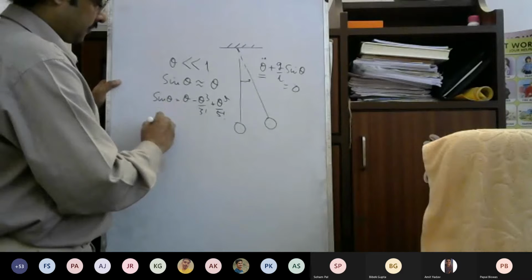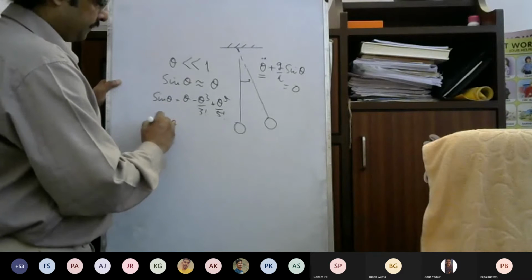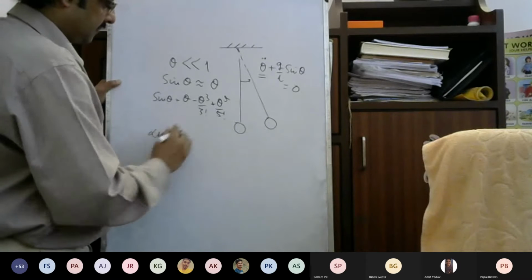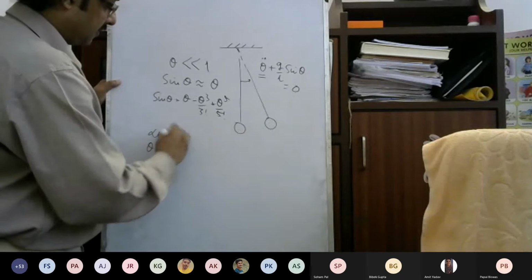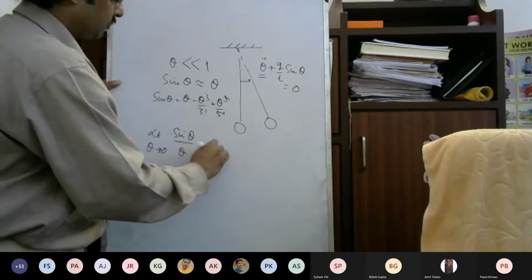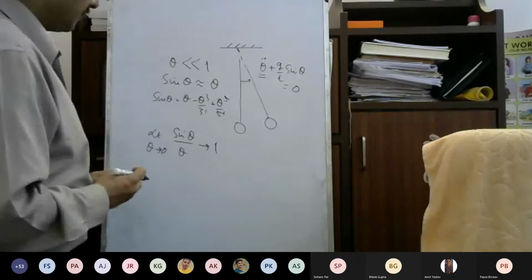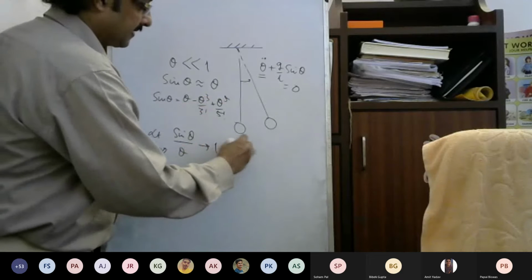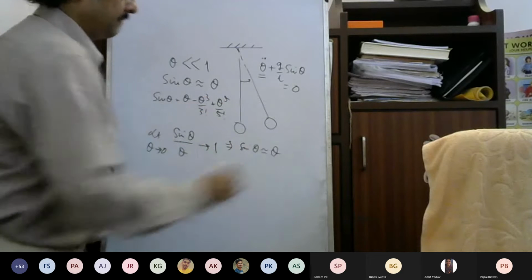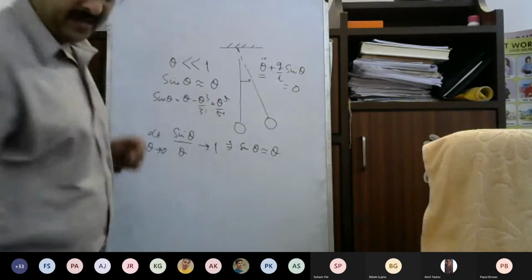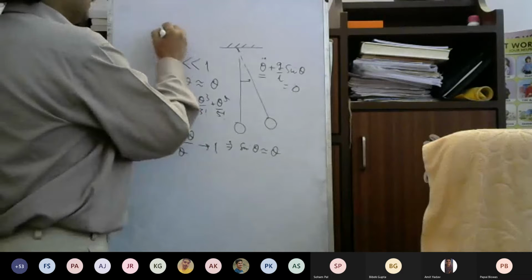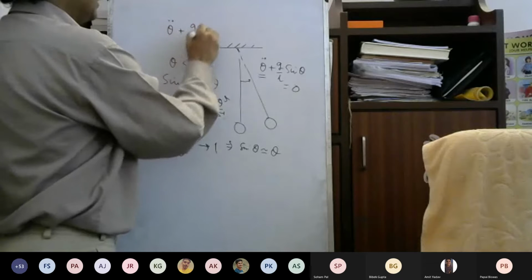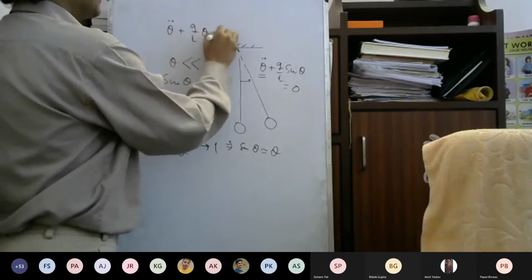So limit theta tends to 0, sine theta by theta tends to 1, because other terms become negligible. Therefore sine theta becomes theta, and in your equation we will have theta double dot plus g by L theta approximately equal to 0.